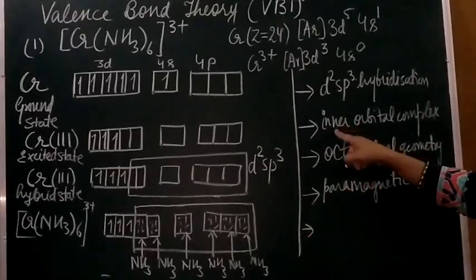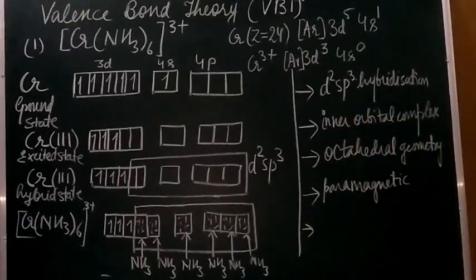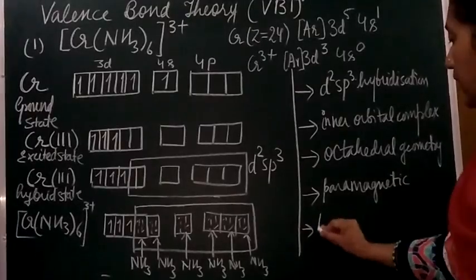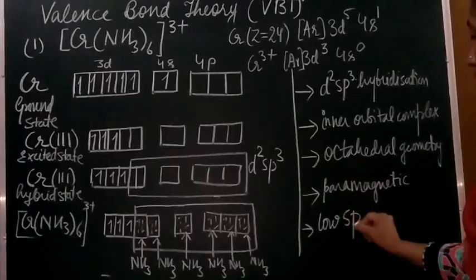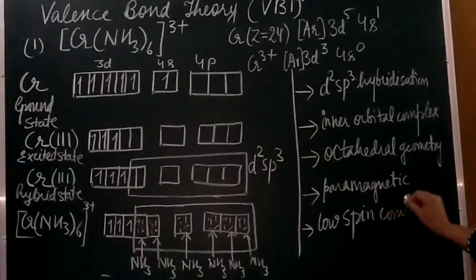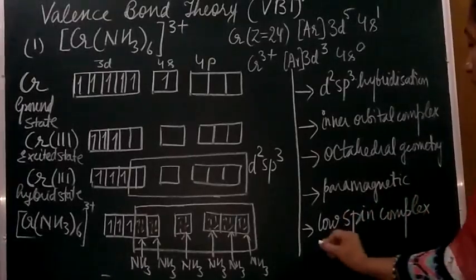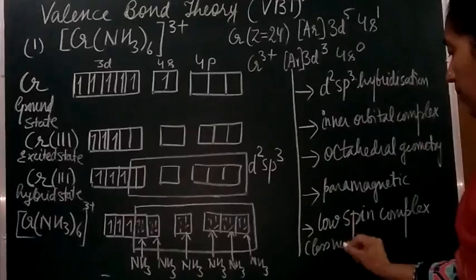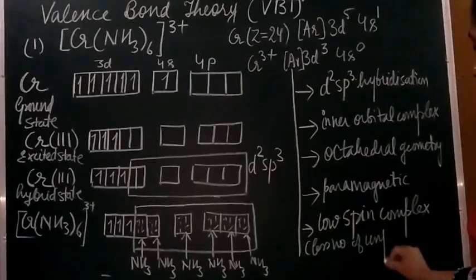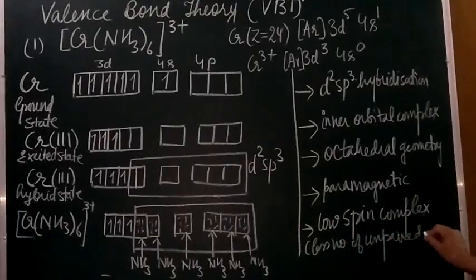And the last, students, since it is an inner orbital complex, right? Whenever it is an inner orbital complex, it has been told that in such a complex the number of unpaired electrons is always less. So it will form a low spin complex, which has less number of unpaired electrons.